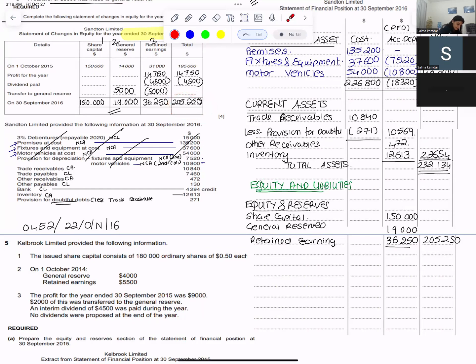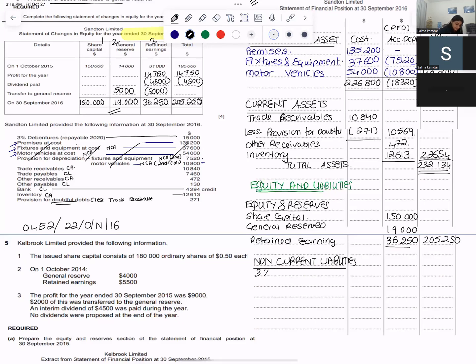Then you have your non-current liability. In non-current liability, we have nothing. Oh yeah, debenture. You have to read the question properly.